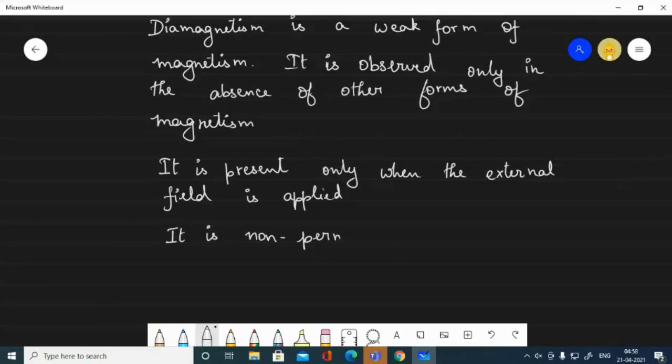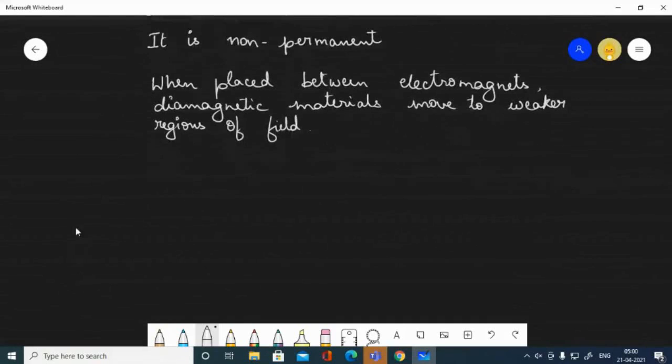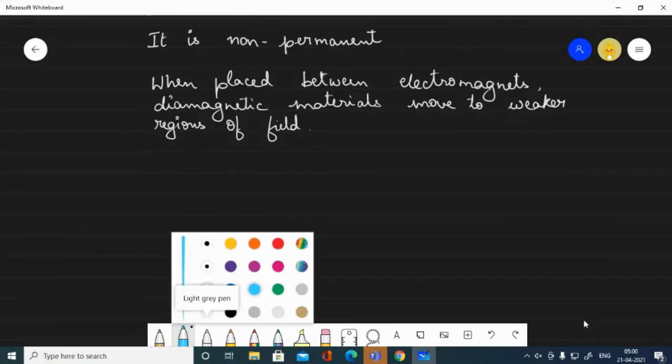So it is non-permanent. When placed between electromagnets, diamagnetic material moves to weaker regions of the field. This is because in the presence of a magnetic field, a small magnetic moment is induced in the direction opposite to that of the field.